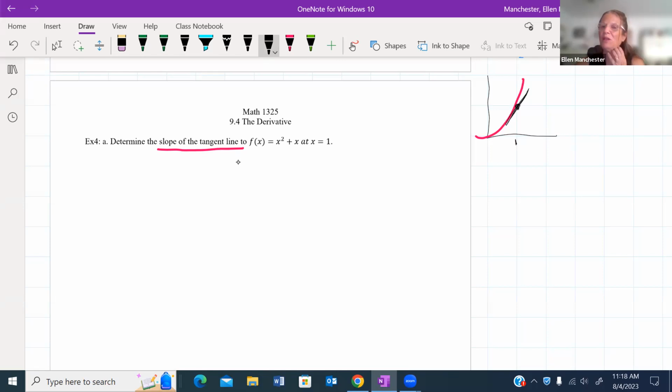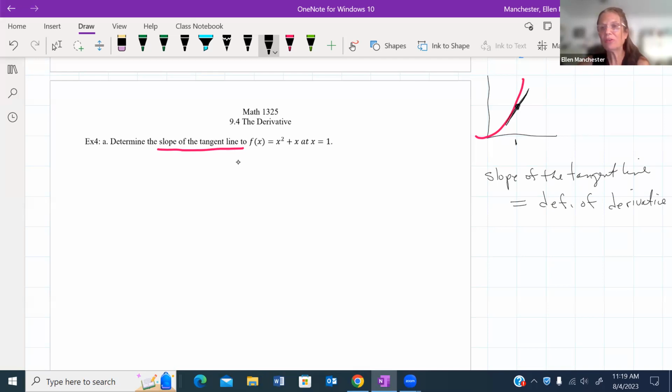And again, tangent means it just hits at one place. So all we're looking for is the definition of the derivative, the instantaneous rate of change. That's what we're looking for. So when you see slope of the tangent line, you need to make sure that means the definition of the derivative.